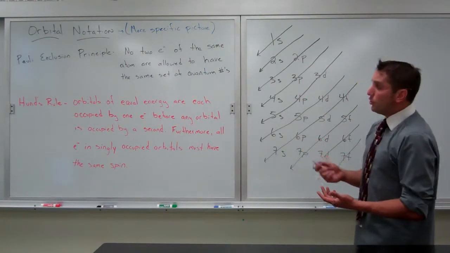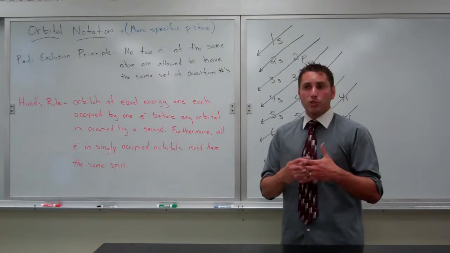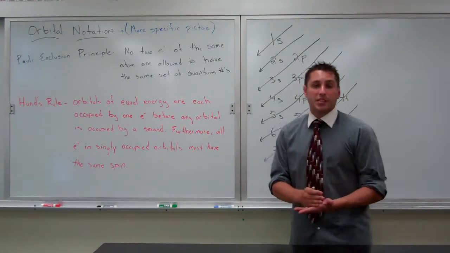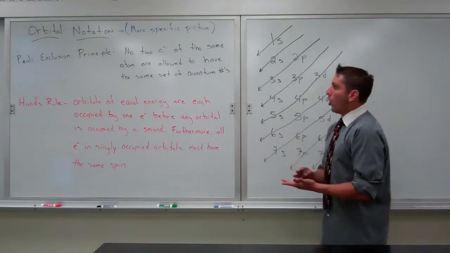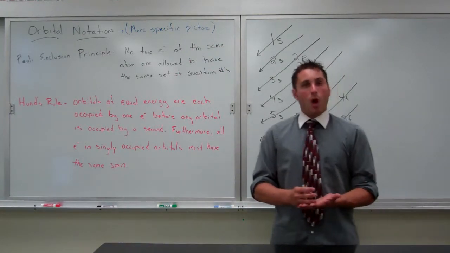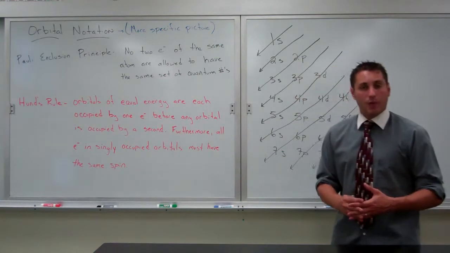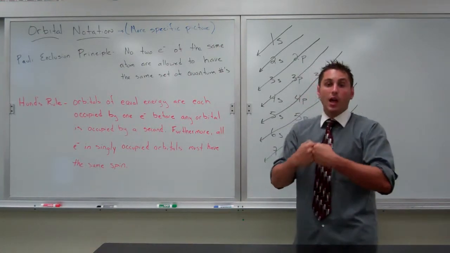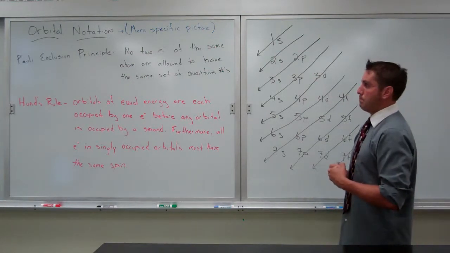What the Pauli exclusion principle says is that no two electrons can be in the same place at the same time, because if two electrons were sharing the same four quantum numbers, that is exactly what that would mean. And two pieces of matter cannot occupy the same place at the same time.